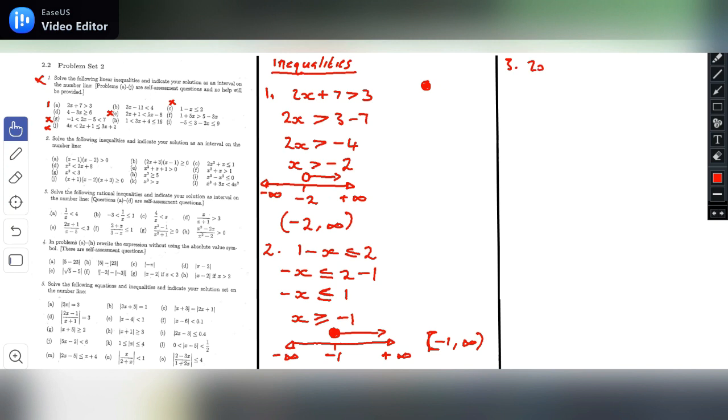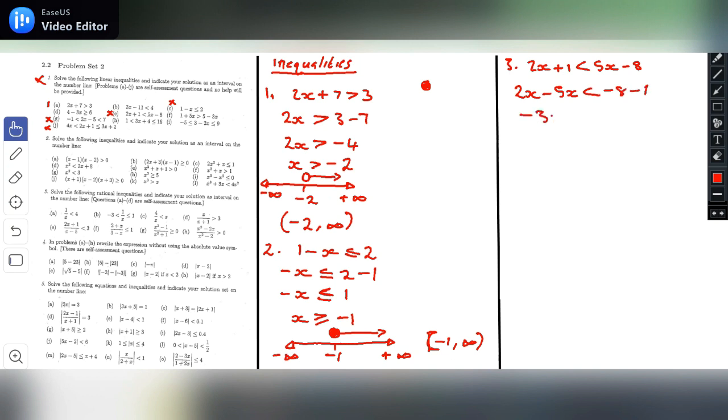Our E is 2x plus 1 is less than 5x minus 8. How can we solve this? We arrange the like terms and solve them. We're going to have 2x minus 5x less than negative 8 minus 1.